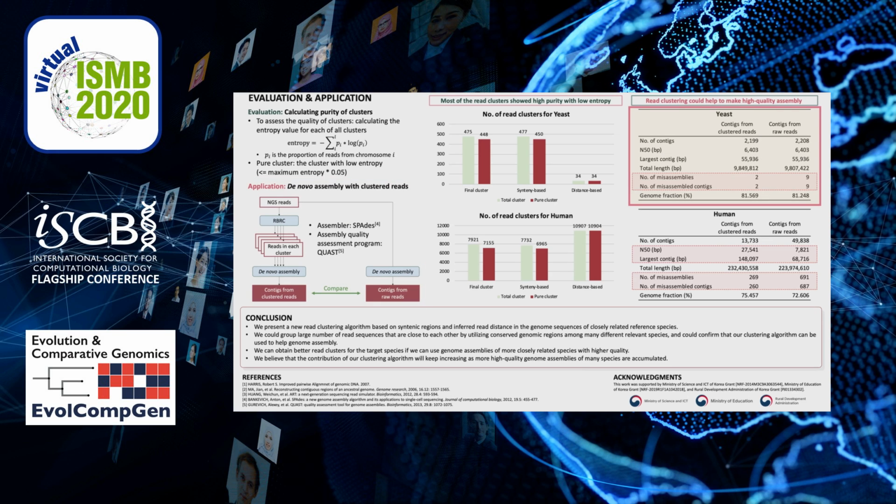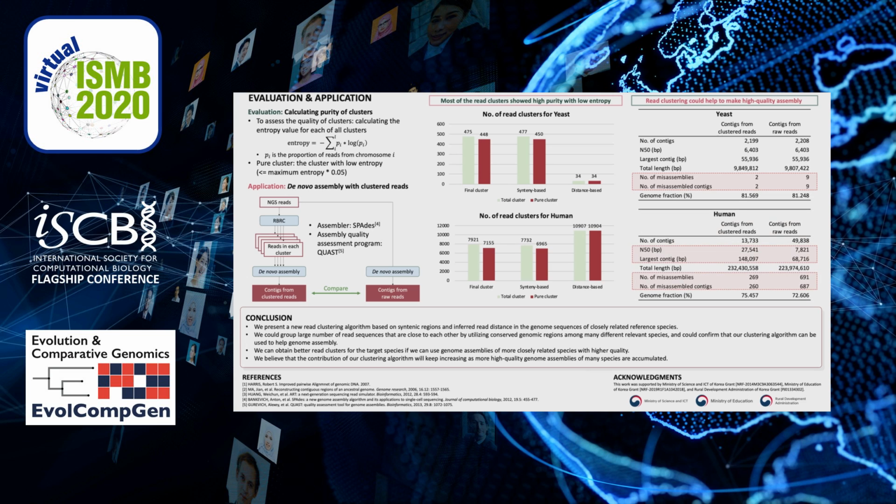In the case of the yeast dataset, there was more than 70% decrease of the number of misassemblies. And in the case of the human dataset, there was more than threefold increase of N50 and more than 60% decrease of the number of misassemblies.